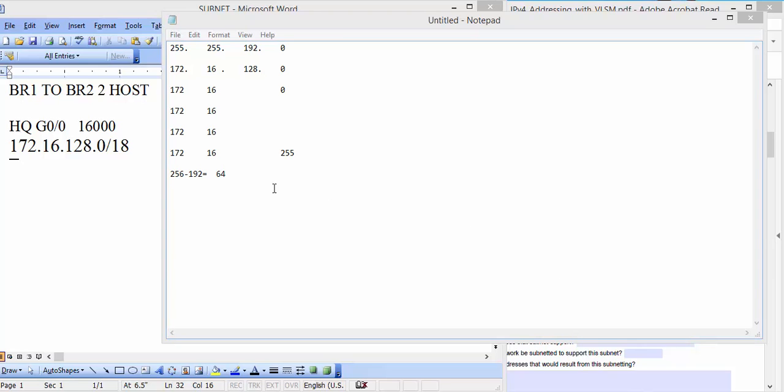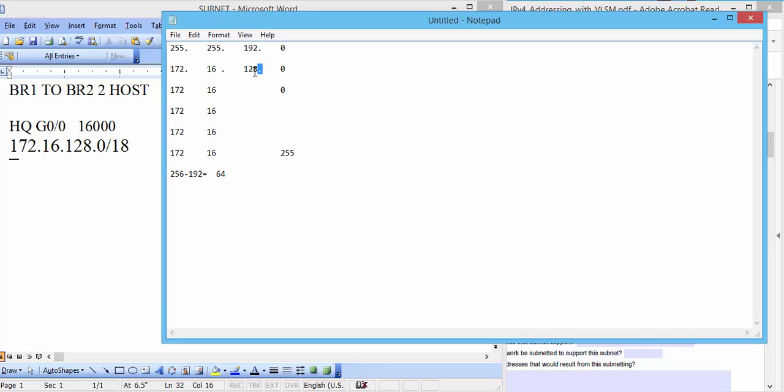As you can see, 128 fits this criteria very nicely because we increment by 64, so the next number is 64 and then 128.